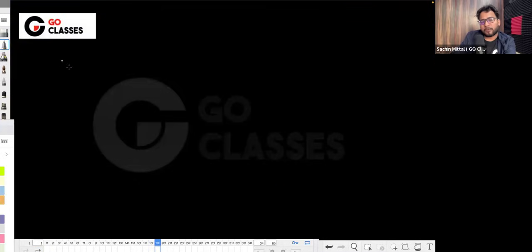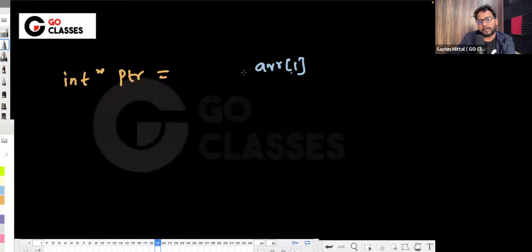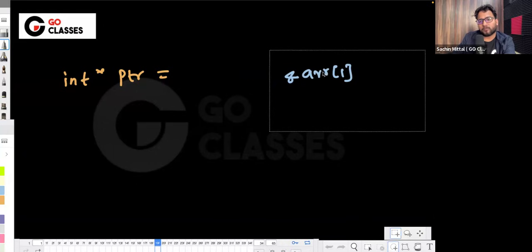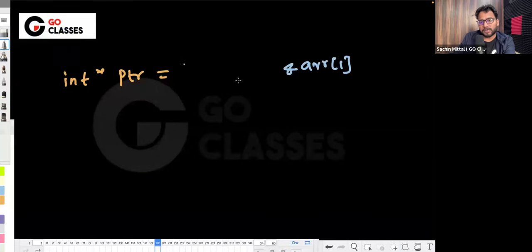Suppose I have a program like this: int star PTR, basically address of ARR of 1. Obviously it will throw a warning because ARR1 is character, so I just tell it, okay, let's treat it like an integer pointer.